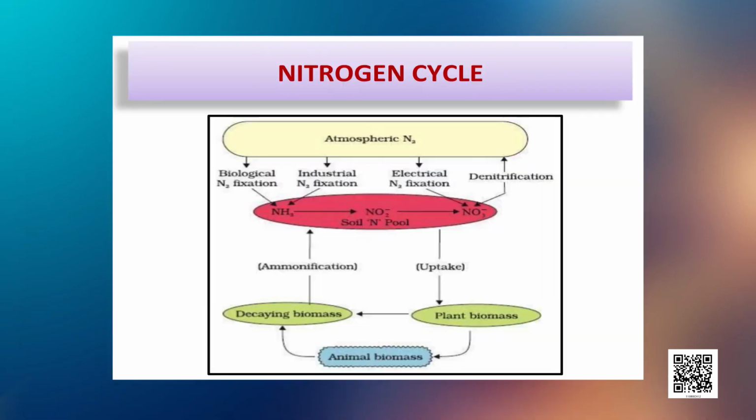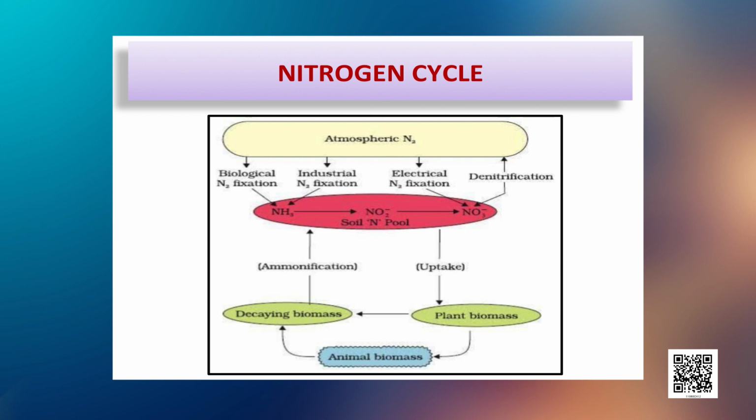As you can see in the nitrogen cycle on the screen, biological nitrogen fixation and industrial nitrogen fixation convert atmospheric nitrogen into ammonia. During electrical nitrogen fixation, atmospheric nitrogen is converted into nitrate ions. Ammonia formed by biological and industrial nitrogen fixation is converted into nitrite ions by nitrosomonas and nitrococcus bacteria.